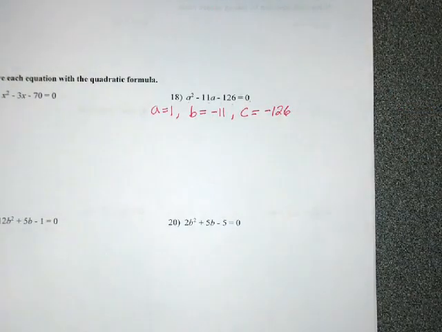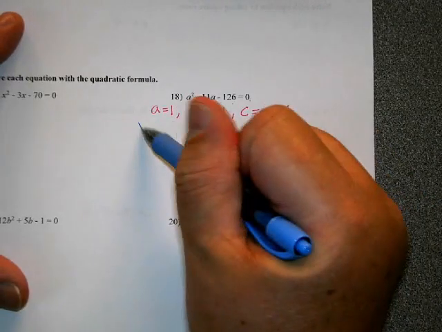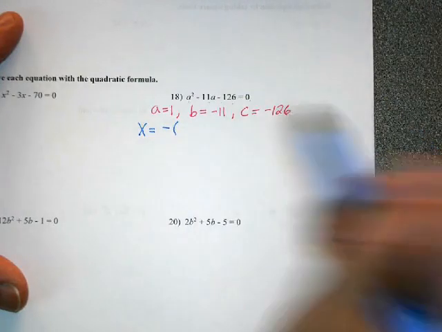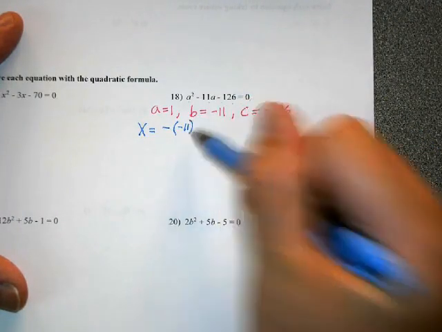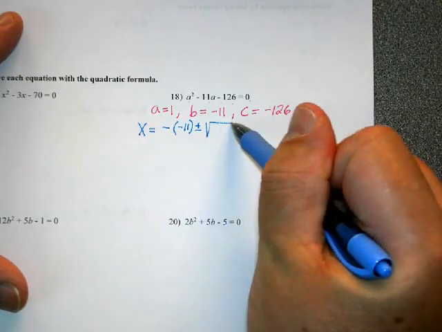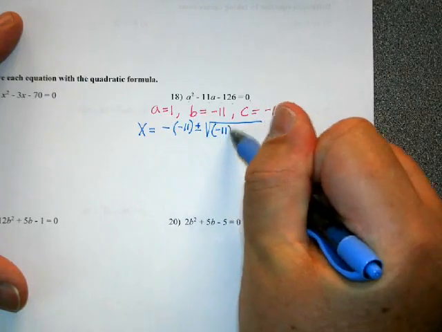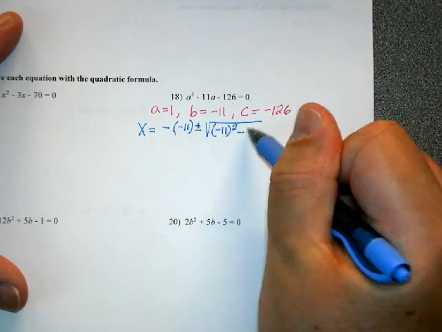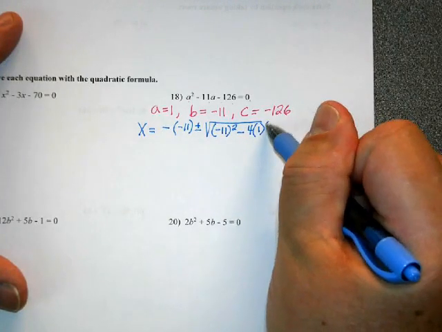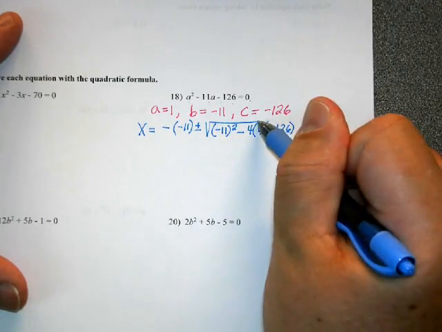X equals negative B, which is negative 11, plus or minus the square root of B squared, so negative 11 squared, minus 4 times A, which is 1, times C, which is negative 126, all over 2 times A, which is 1.